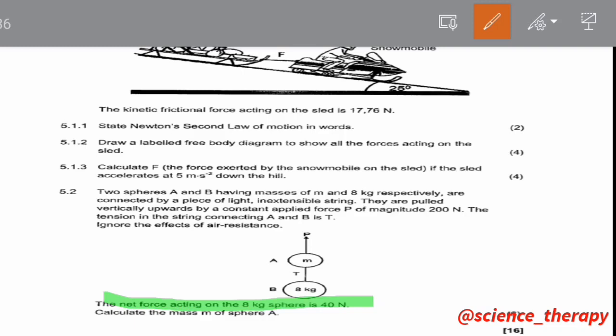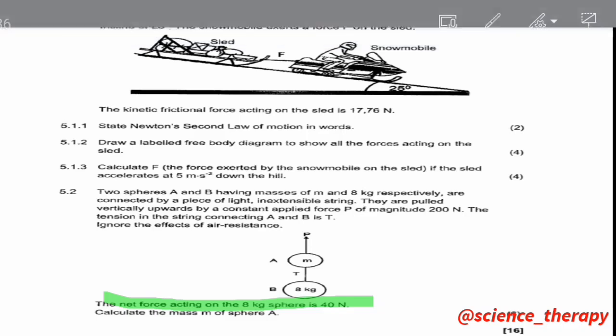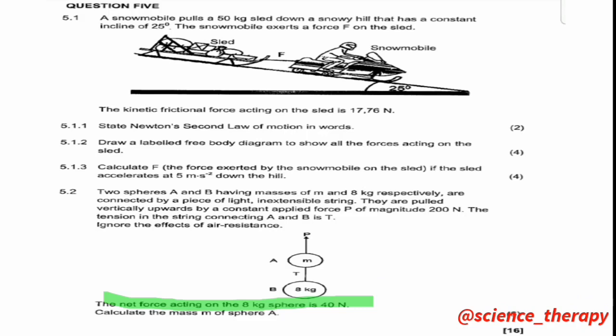So we can see sphere A has been indicated by mass m and sphere B has been indicated by mass 8 kg. Now let's calculate. We can see that we've already been given the net force of the 8 kg, so we can go along to calculate the acceleration. But first, before we do that, let's see the forces acting on all the spheres.